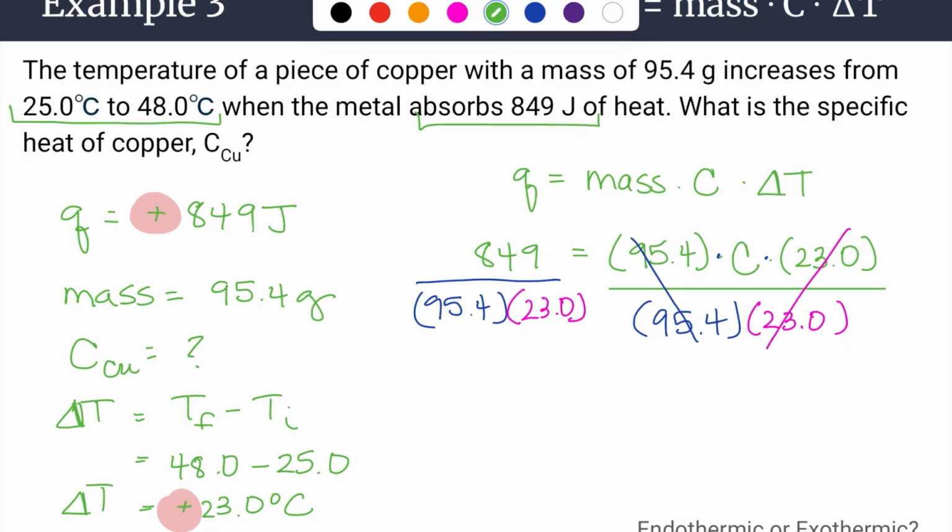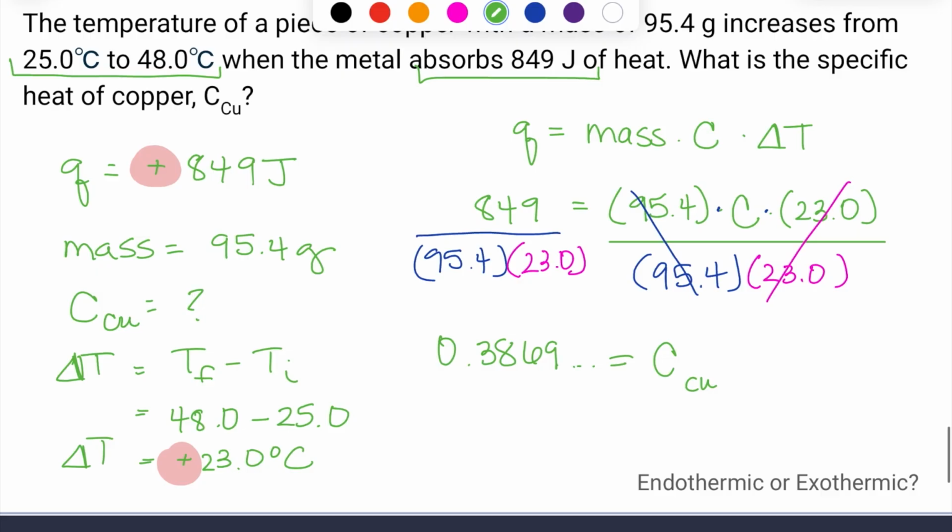And then we will get the C, specific heat of copper, when we do 849 divided by 95.4 and 23. And I get 0.3869. And then that continues.